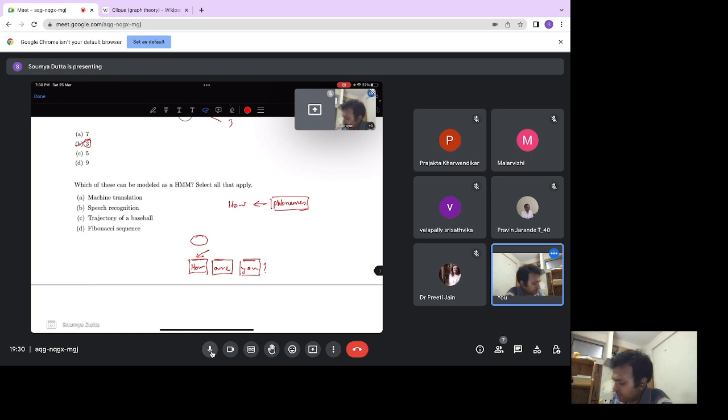These phonemes are getting pronounced in the back end, if I may call that, and that is giving rise to some particular words. Whenever you have some sequence learning going on, some way in which I am producing a sequence, you can use HMM to model that. Machine translation and speech recognition are the two sequence learning tasks that we can model using HMM.